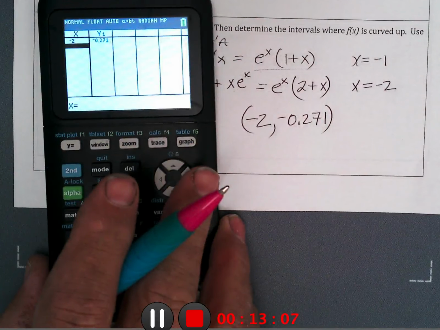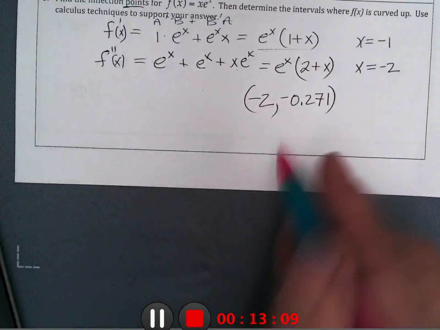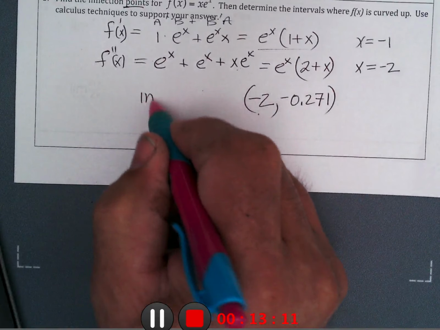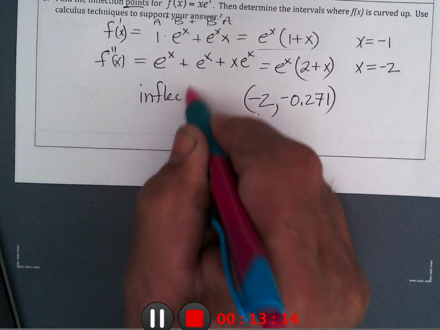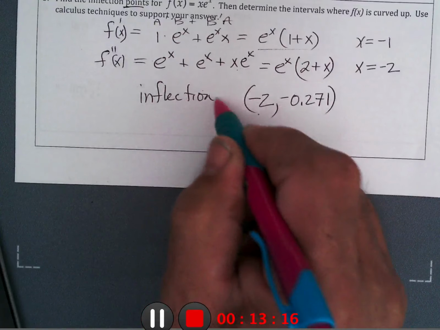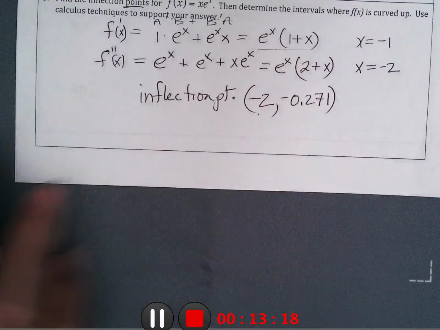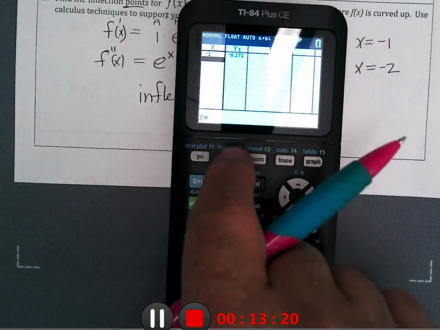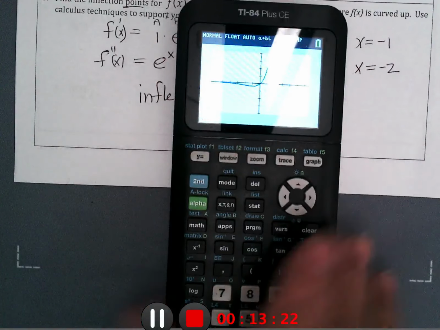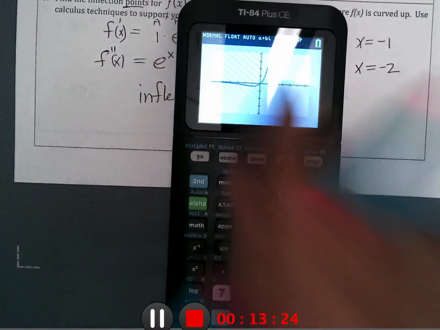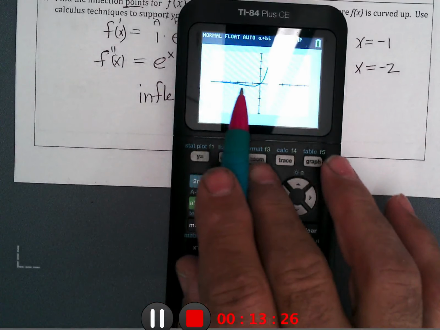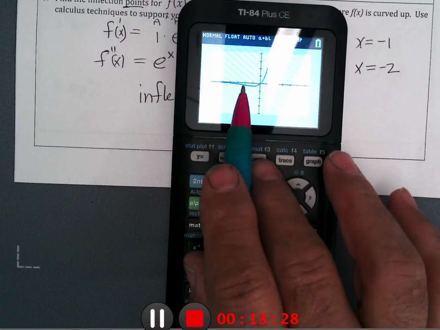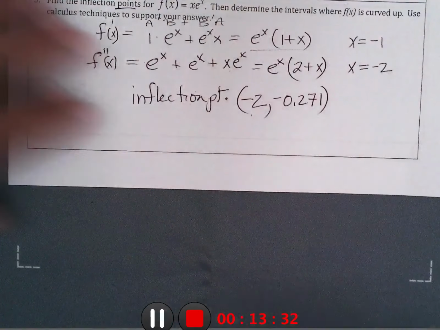So that's the point, that's my inflection point. And I can see it in my graph right there. It looks like it's curving down, and then it curves up, changes at minus 2. Okay, page 2.